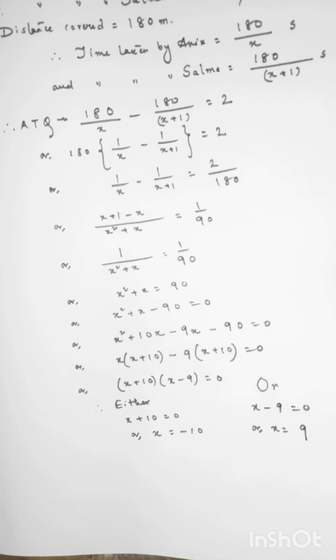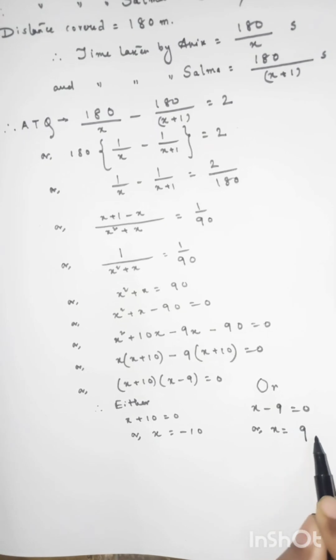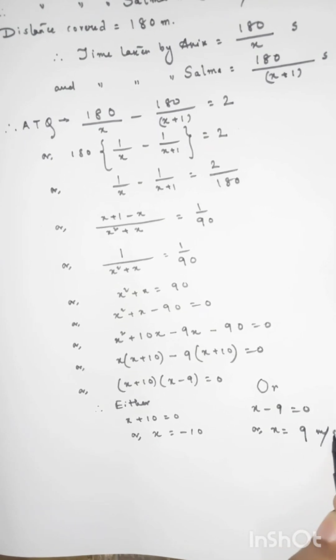So the speed of Onik is 9 meter per second.